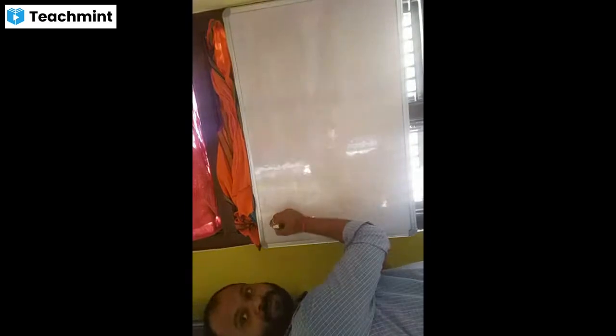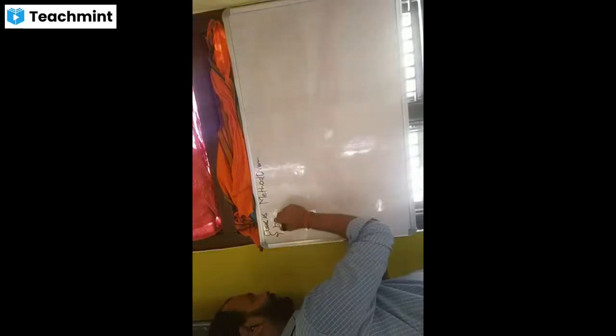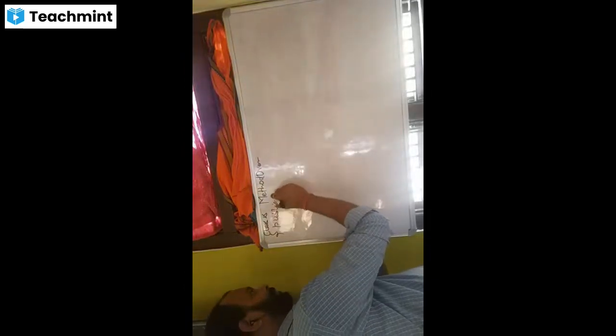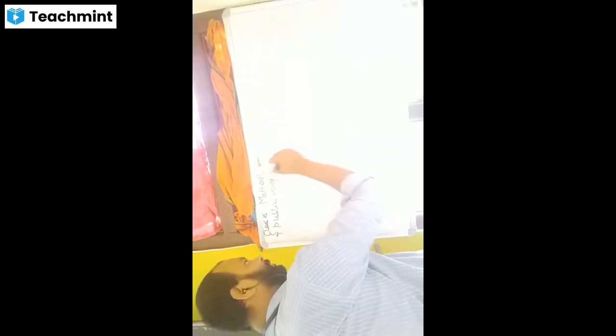Let's see. Let's start from this corner. It is visible on this side? Class MethodOverload, then we'll have the first method: public void display.